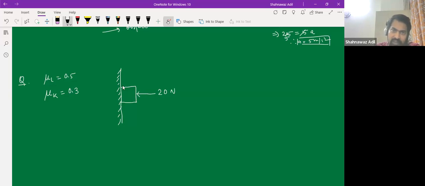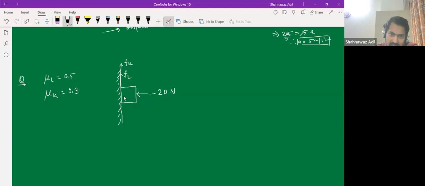Now it is experiencing limiting friction in this direction. Or if it is moving, then it is experiencing a kinetic friction. We have to figure out what is the friction that it is experiencing.